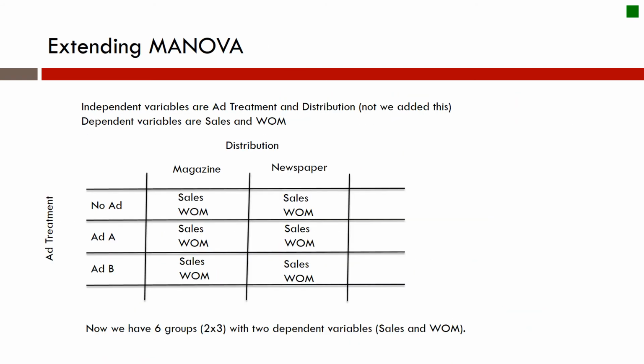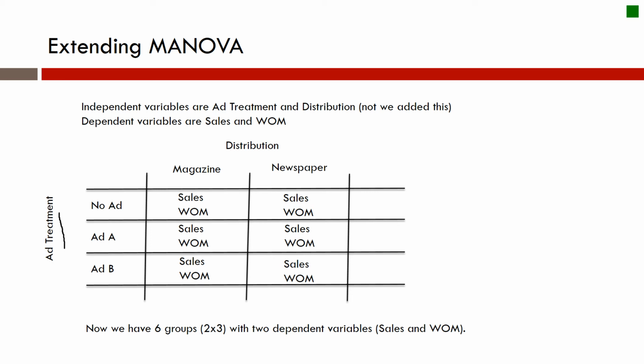Again, extending this idea just to say that we can have more independent variables. In this case, if we look at the inner middle here, we have sales and we have word of mouth. So those are our two dependent variables we had before.